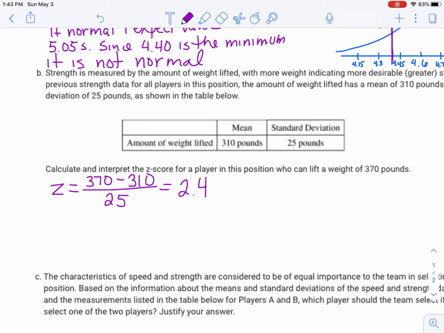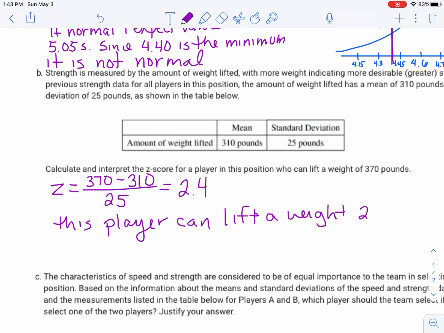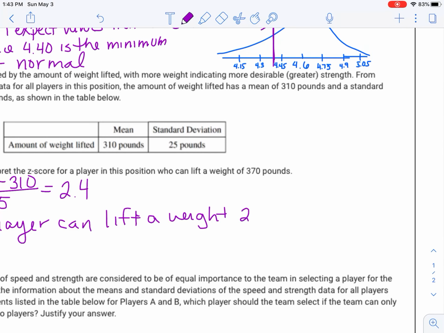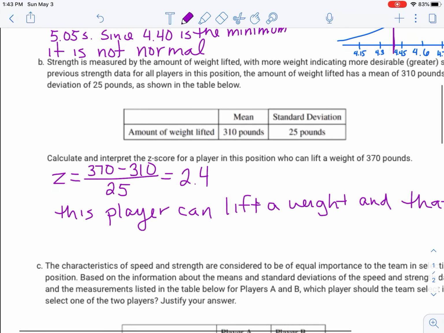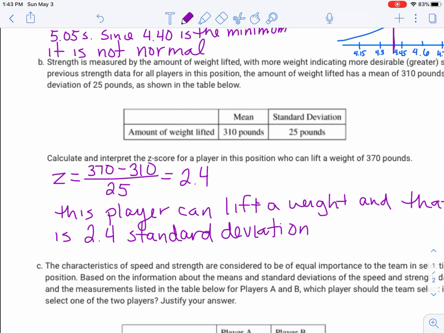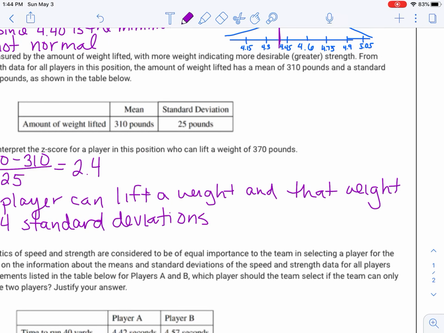So this player can lift a weight, and that weight is 2.4 standard deviations above the mean of 310 pounds.